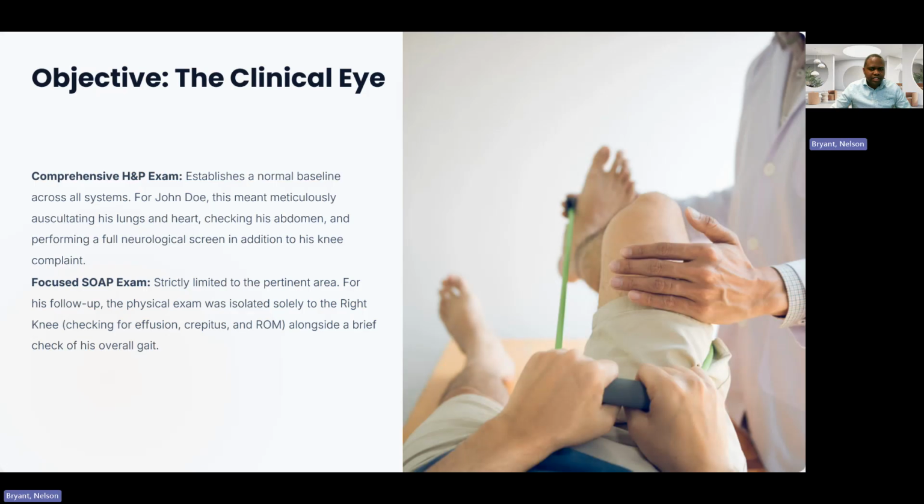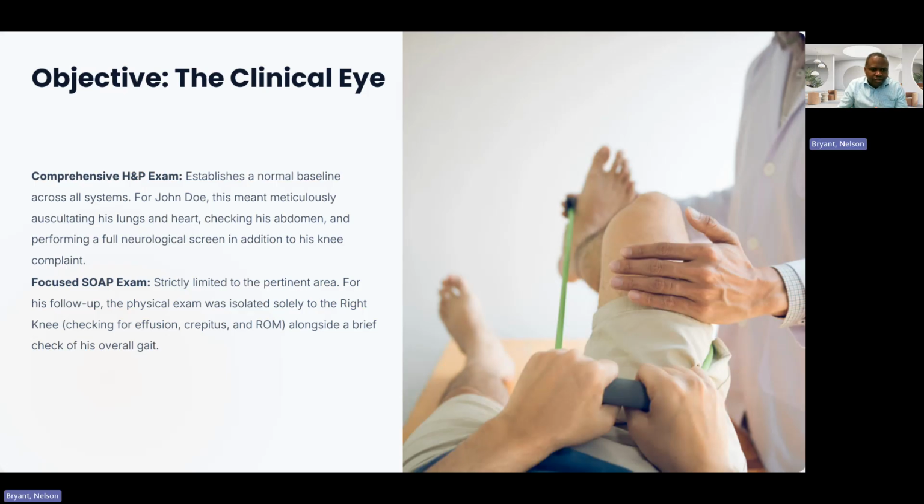So for the objective assessment, for the H&P, it will require a comprehensive physical exam. This is very important for establishing the baseline health. For our John Doe's initial visit, we assessed, for example, his cardiovascular and respiratory systems alongside his knee pain.